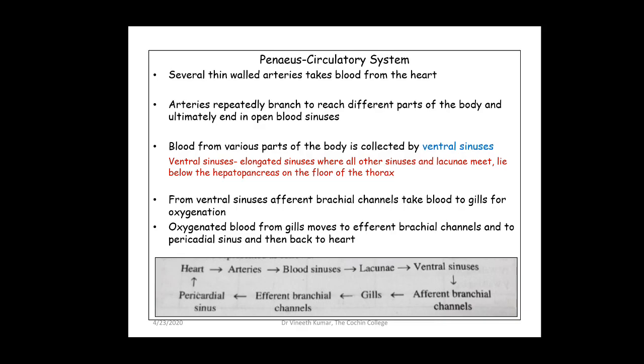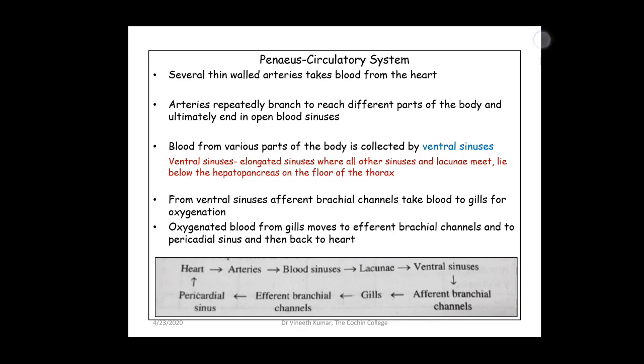From the ventral sinus, efferent branchial channels take up blood to the gills for oxygenation. Oxygenated blood moves from the gills through the efferent branchial channels to the pericardial sinus and back to the heart. So this is the flow of blood from the heart and back to the heart.